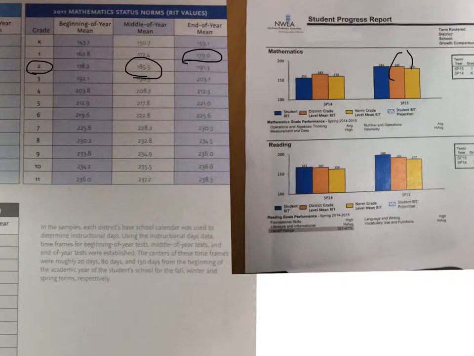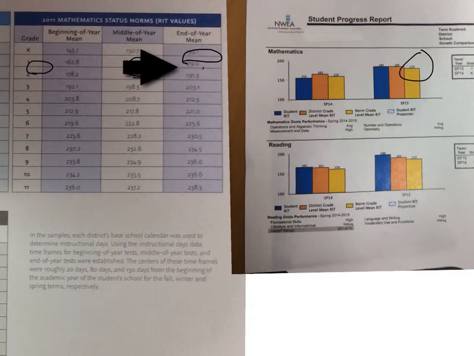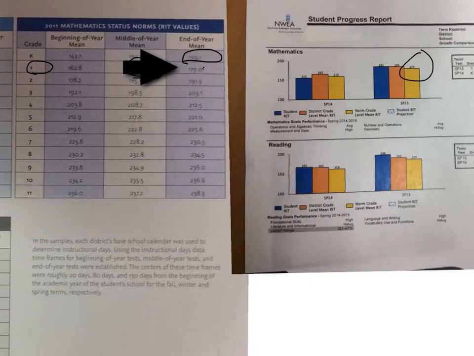And then if we look at how that compares to the national average, the national norm, that is 179, which should match what is right here. Right here, the 179 will match this 179 right here. So this column here at the end of the year mean should always match our yellow, which is here.